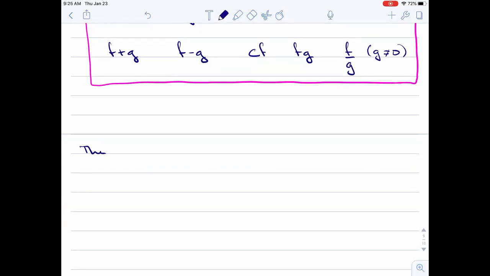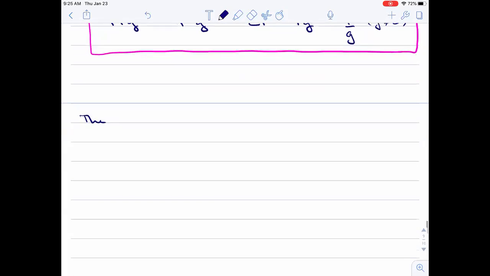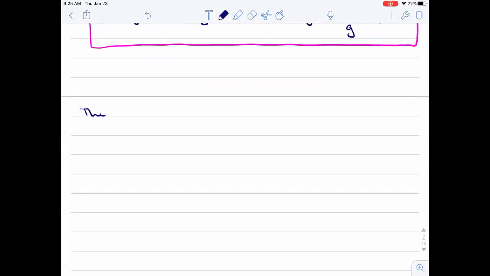There's a list of functions that are always going to be continuous, but the holdup is that it's for all the values in their domain. Some of them might have values of x that aren't in the domain.